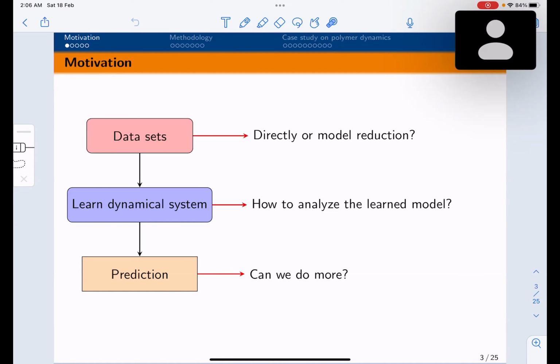We want to know how to analyze the learned model, and also how to use it for prediction. A lot of research cares about long-time prediction. We also want to know, can we predict more related to the dynamic systems?